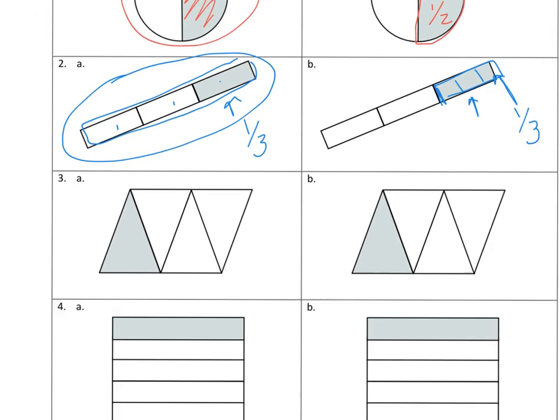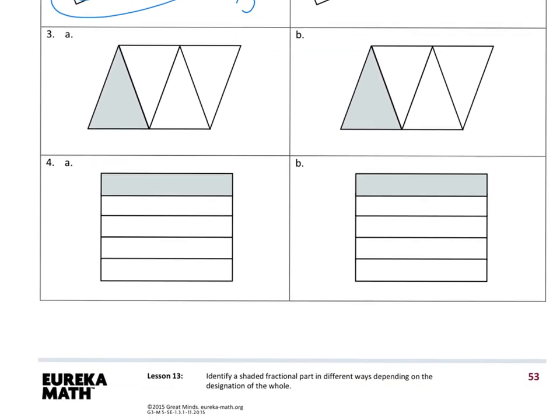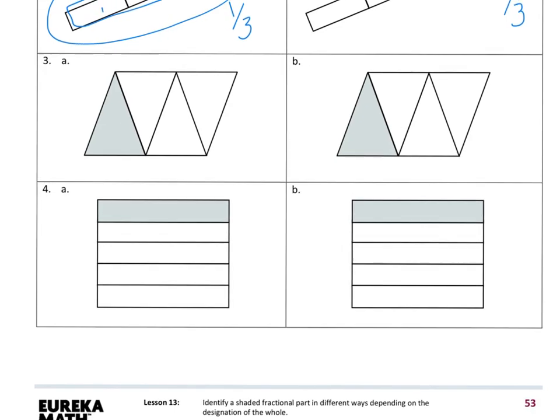So we'll take a look at the last one, 4. And I have 1, 2, 3, 4, 5. I see 1/5. One of the 5 is shaded. So on the right hand side, because on A, this whole amount is one whole, over here, just this is one whole.